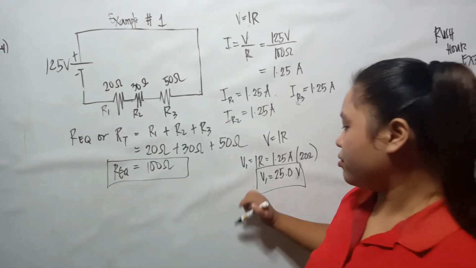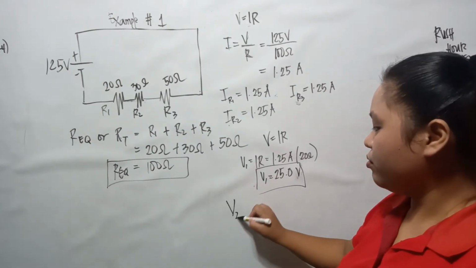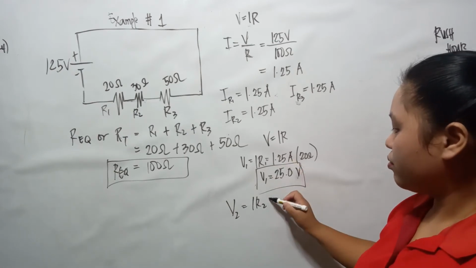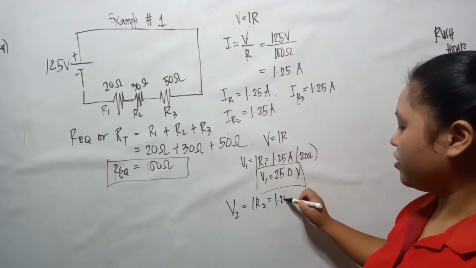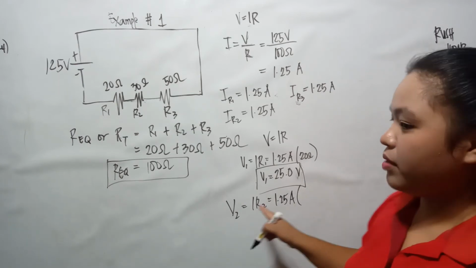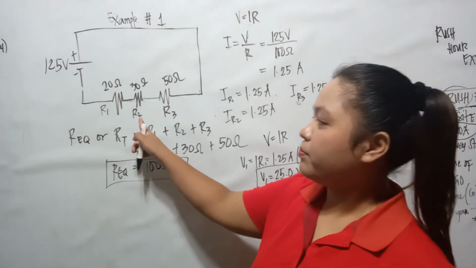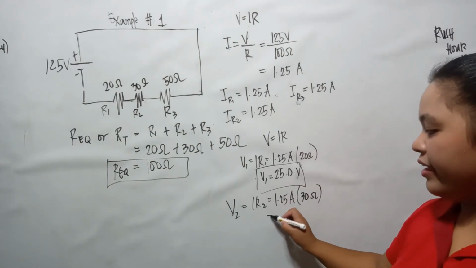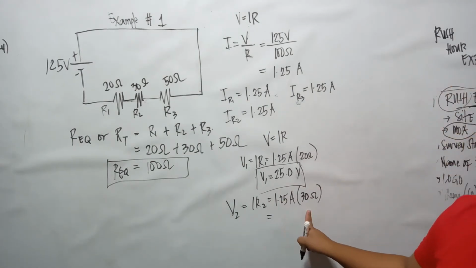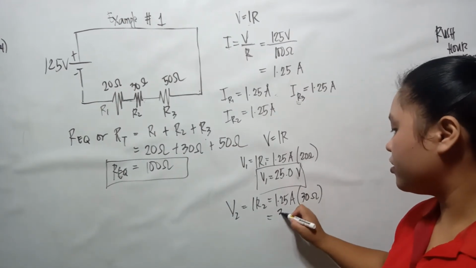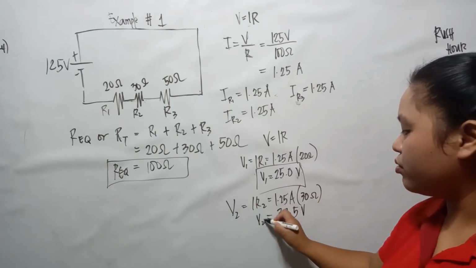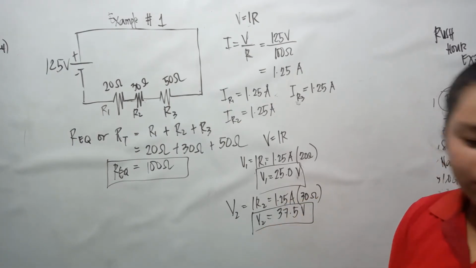Then V2 is equal to IR2. So we have 1.25 amperes multiplied by resistor 2, which is 30 ohms. So 1.25 multiplied by 30 is equal to 37.5 volts. So V2 is equal to 37.5 volts.